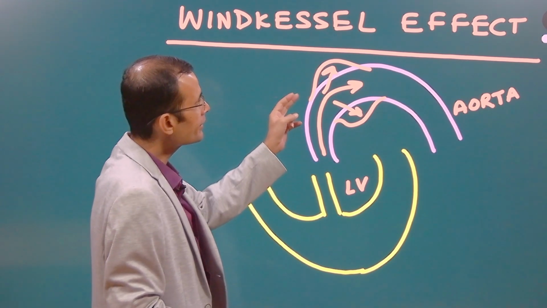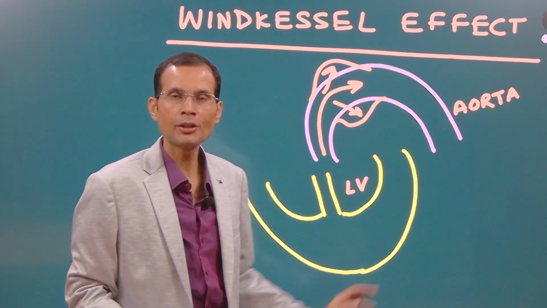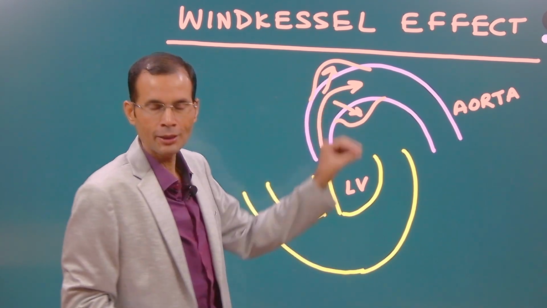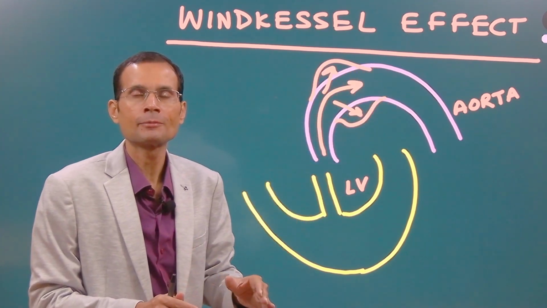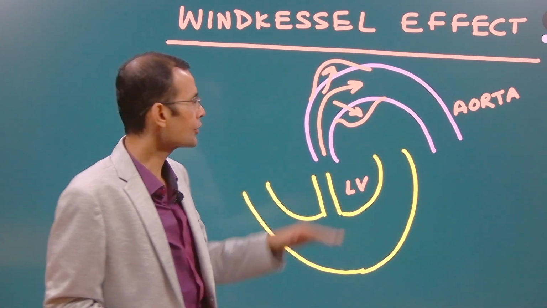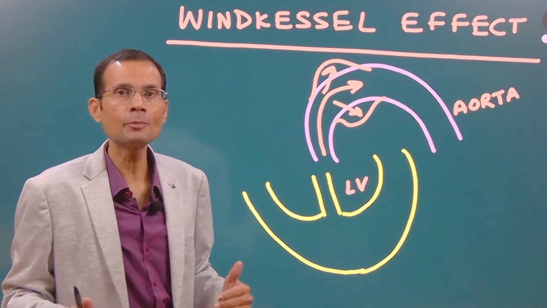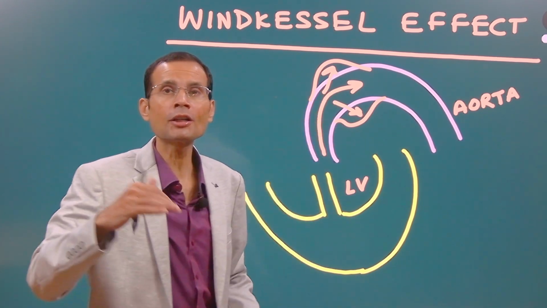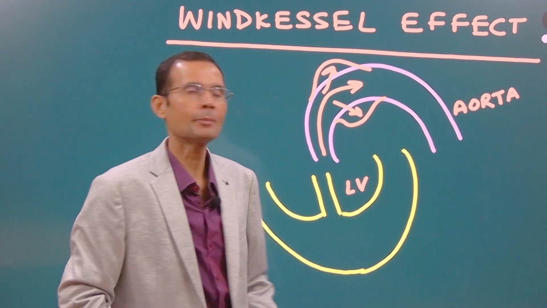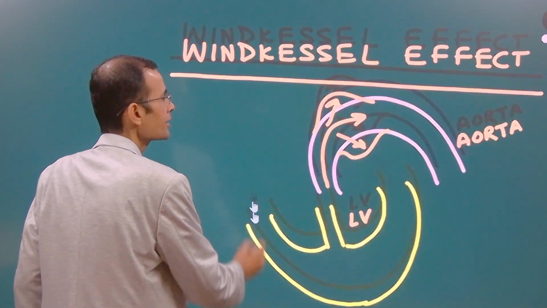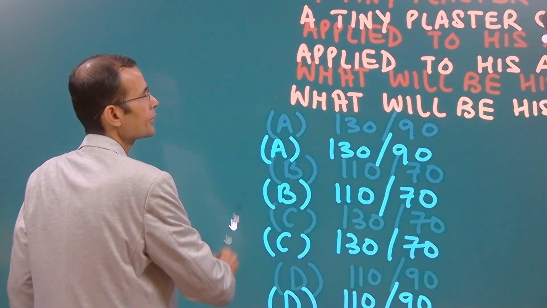And because it is sending the blood forward during diastole by recoiling back, blood does not accumulate at one place, and therefore pressure falls with diastole, but it does not remain high because blood is moving forward and does not accumulate at one place.